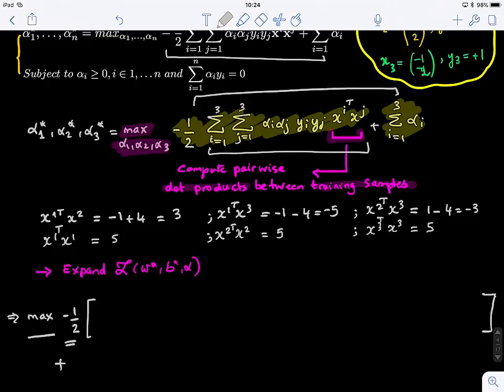To make it simple, I introduced the dot products between pairs of samples, okay? I would like you guys to write it down, because you're going to differentiate it later on and solve the linear system. Just do at least the beginning, okay? So I have double summations.